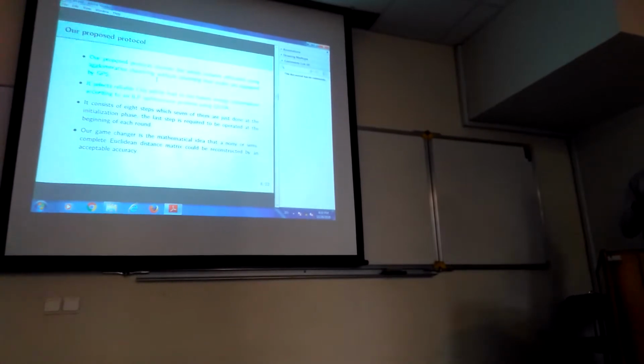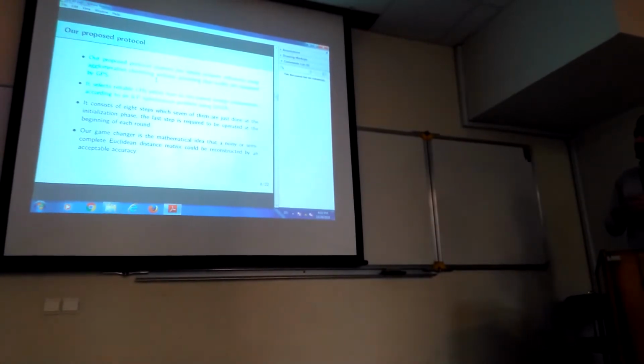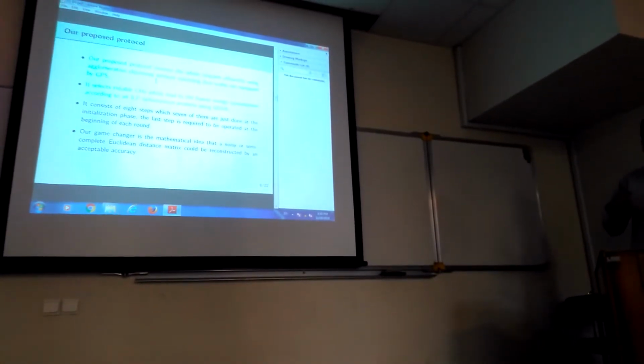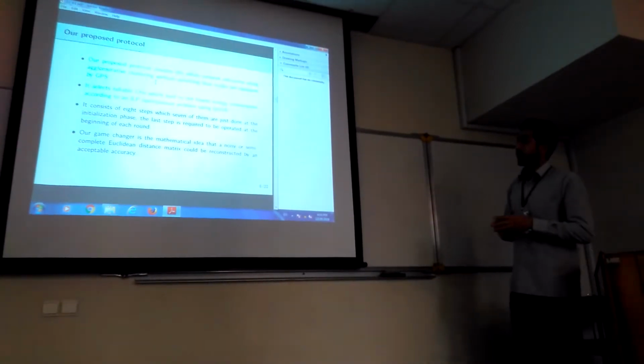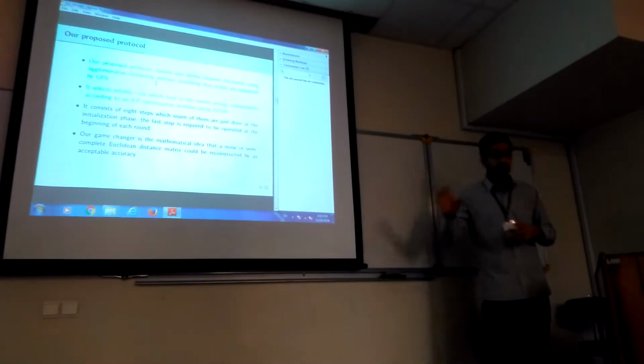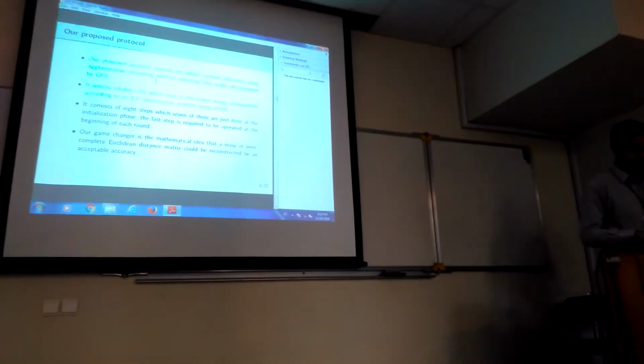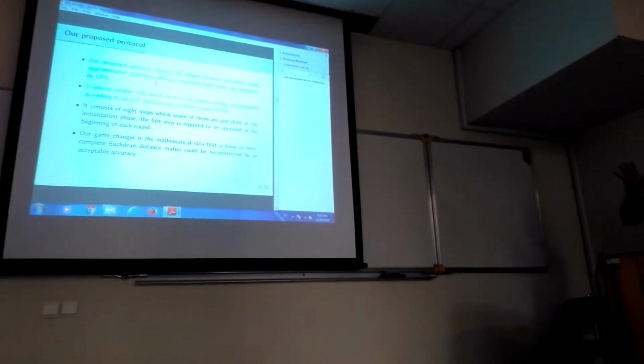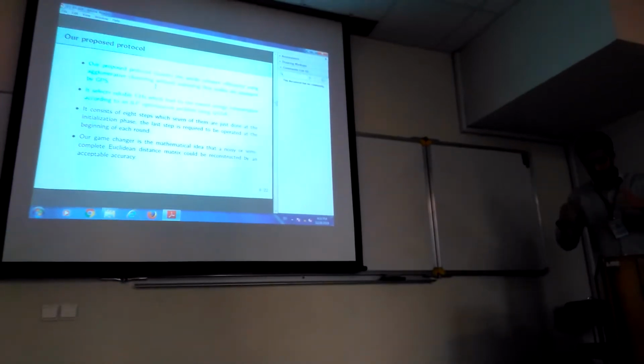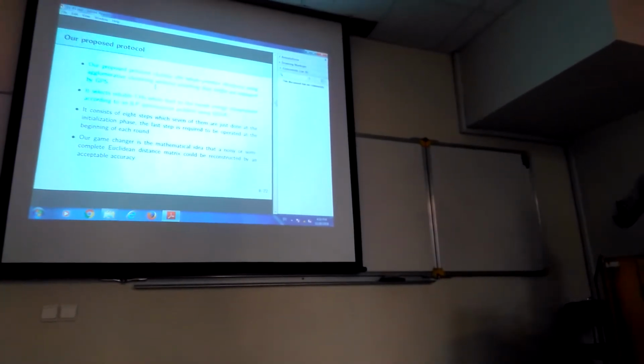And our protocol consists of 8 steps, of which 7 are done only at the initialization phase. The last step is required to be operated at the beginning of each round, so only the last step is the overhead of our protocol.